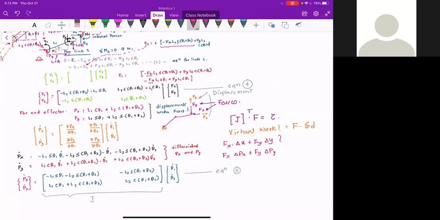This equation can be written in a very simple notation form, f transpose times delta x. Next, I want to express the work done by the torques, or the motors. So work done by motors or joints.